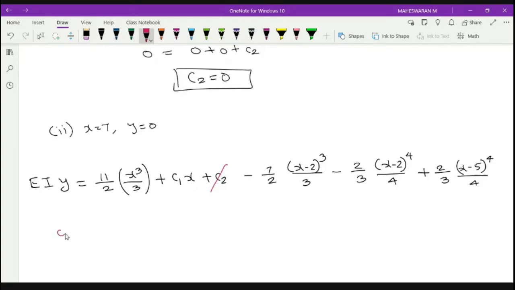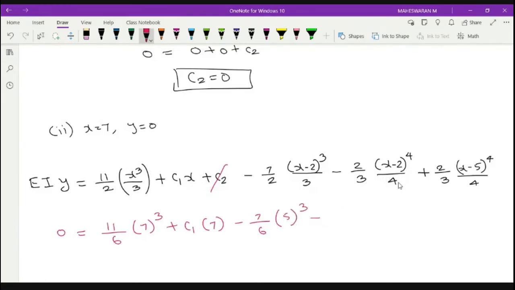So 0 is equal to 11 by 6, x is 7, so 7 cube, plus C1 into 7, minus 7 by 6, so 7 minus 2 is 5, so 5 cube, minus.